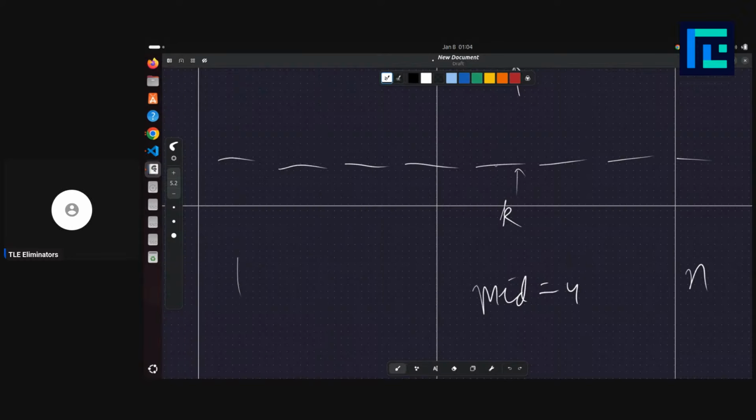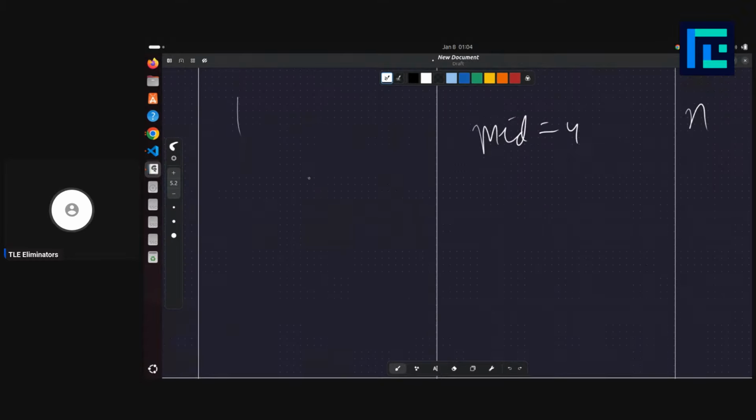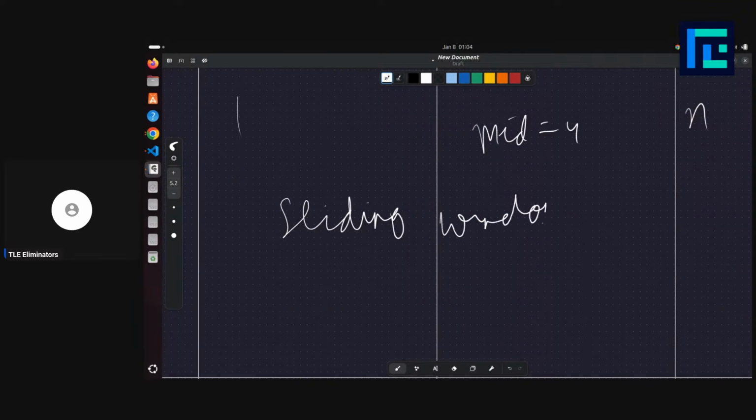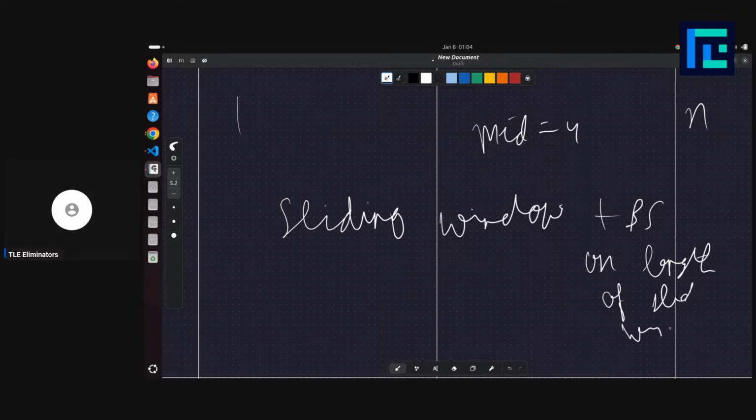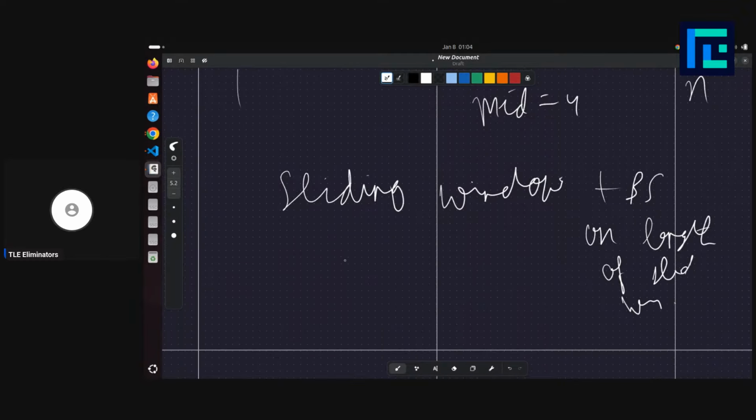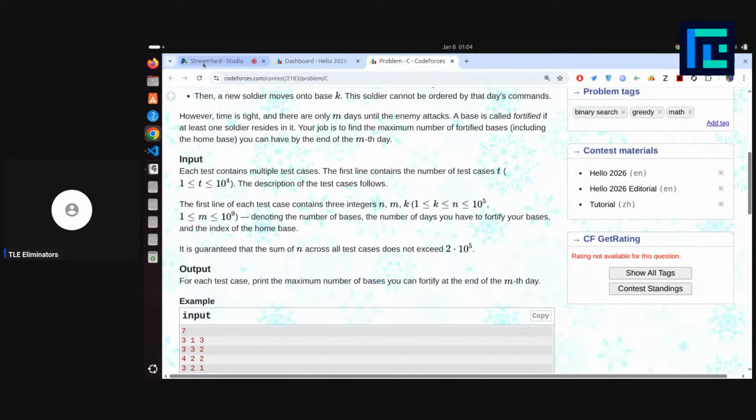This is pretty standard: sliding window plus binary search on the length of the sliding window. You can solve it in n log n, where n is for the sliding window and log n is for the binary search. Okay.